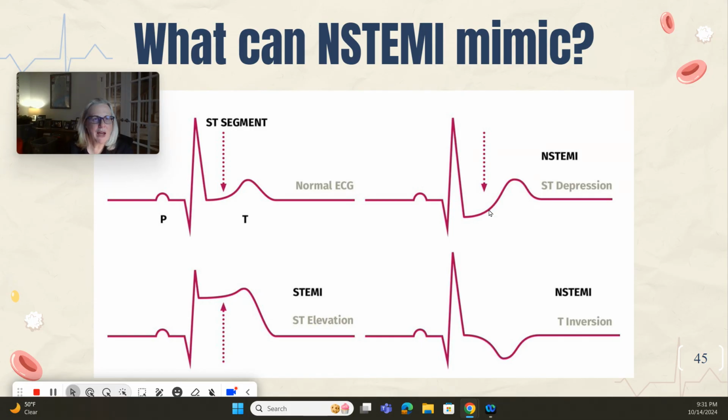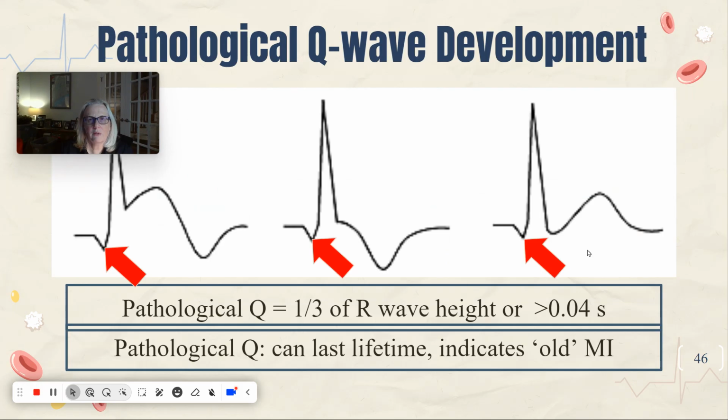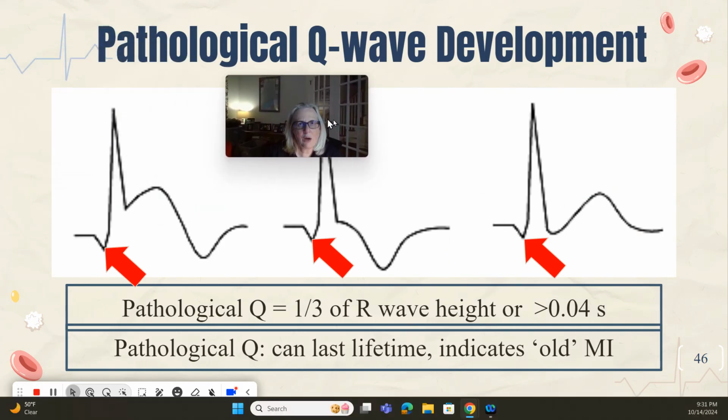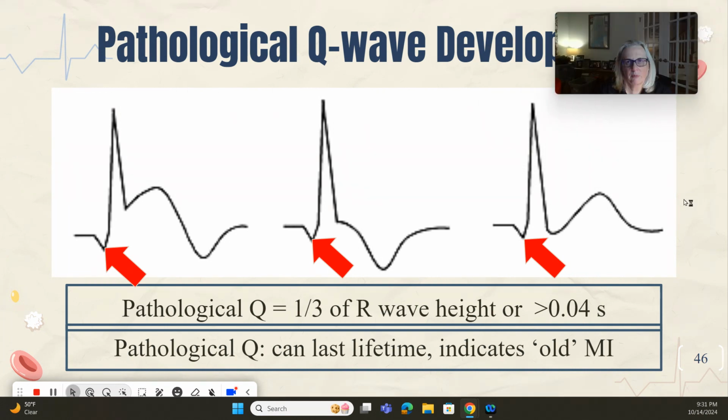All right, so after we've had a heart attack, we end up with this next one here, the pathological Q, okay? So when and how does this develop? It happens right here. And again, I explained this to you in the last lesson, the pathological Q is normally very, very skinny and not very deep.